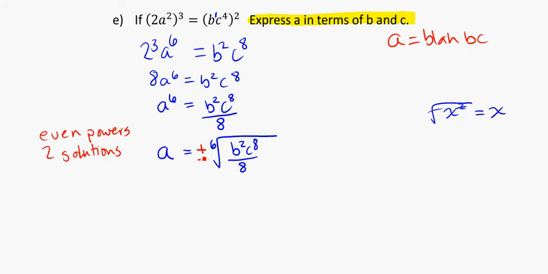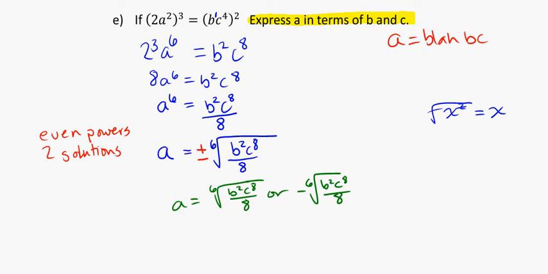A is equal to plus or minus, that's what that means, plus or minus the 6th root of b squared times c to the 8, all divided by 8. So that's 2 solutions, a positive one and a negative one. You could also, if you wanted to, write it out as the 6th root of b squared c to the 8 all over 8, or negative 6th root of b squared c to the 8 all over 8, with those being the 2 solutions.